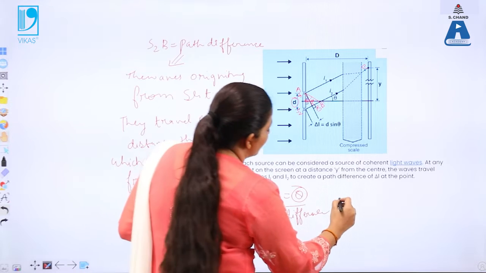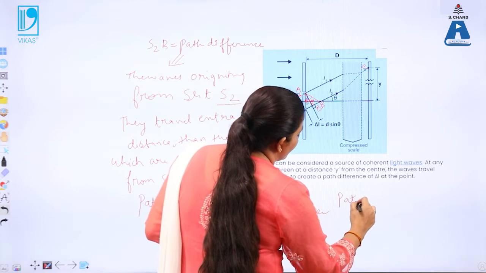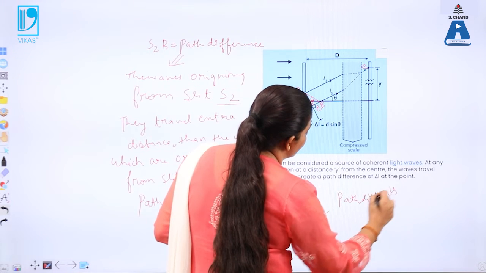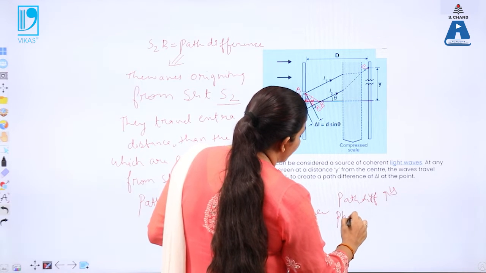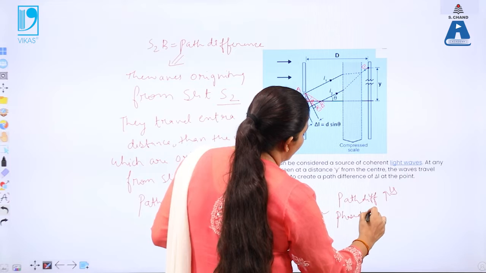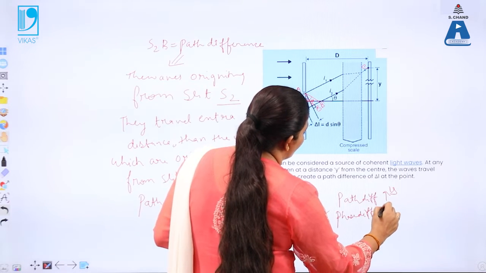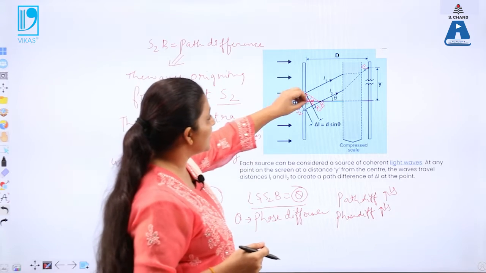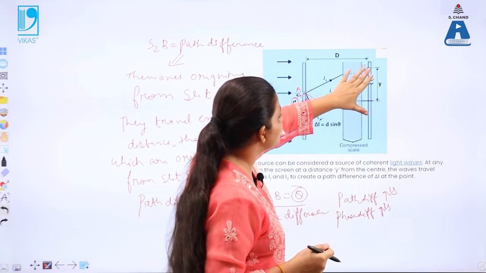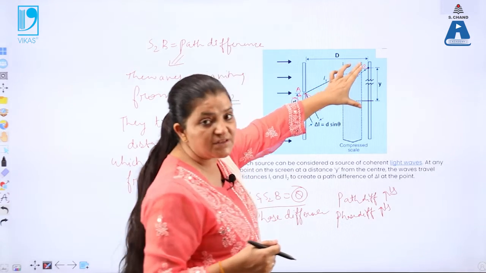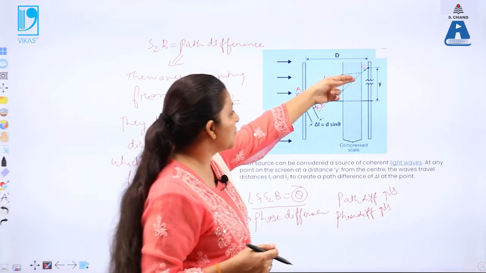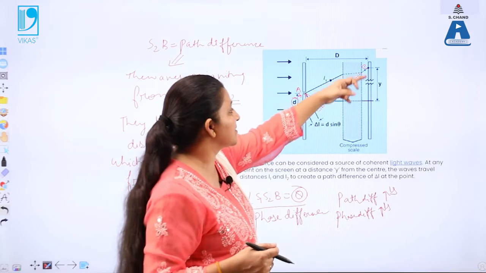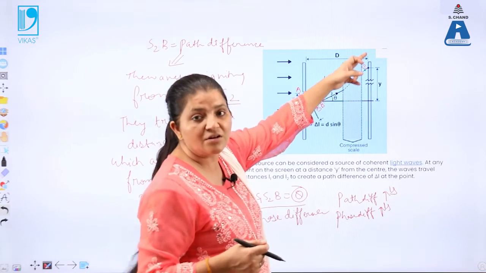When the path difference is increasing, automatically the phase difference between the two waves is increasing. So the positions of the secondary maximas corresponding to the central maxima will go on increasing.